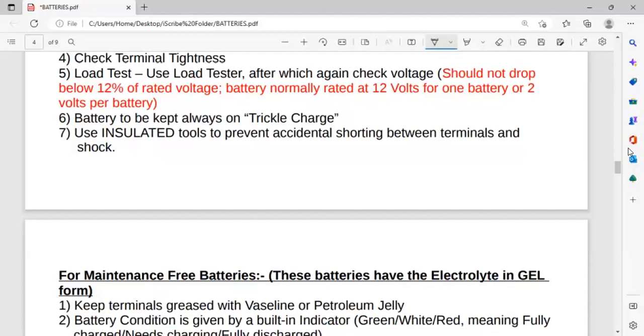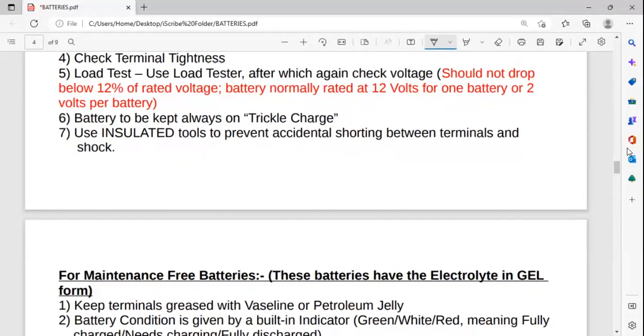Keep all the equipment on so that it starts discharging your GMDSS batteries, and the voltage should not drop below 12% of the rated voltage. Now, here they're talking about a battery normally rated at 12 volts for one battery or 2 volts per cell.